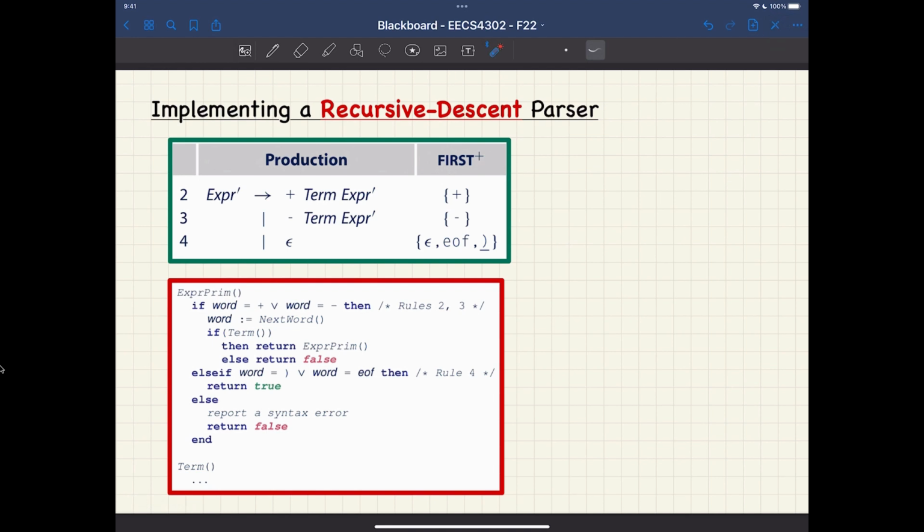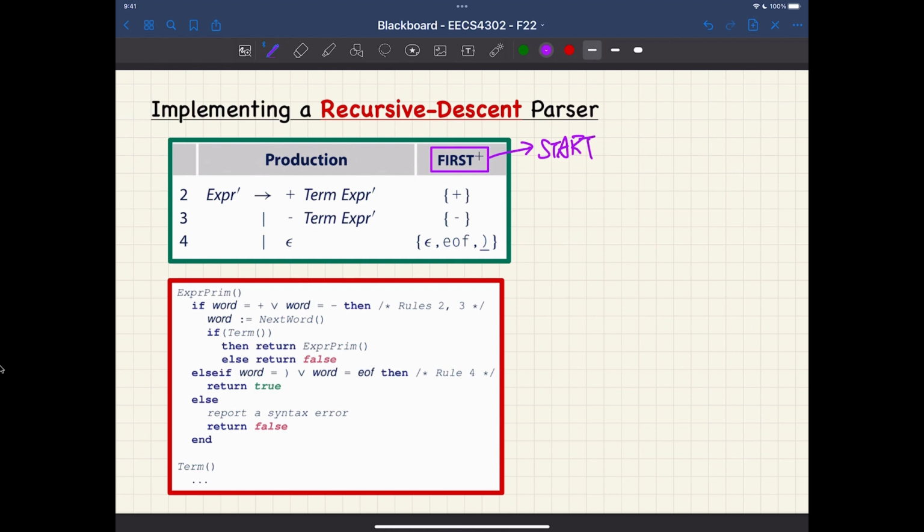Let's say we have a part of the grammar over here, expression prime, which can either go this way, or this way. And remember, we said the parser is supposed to calculate automatically the first set, the start set. Sometimes you might see first plus, but this really means the start set. That's the name we'll actually use, start.